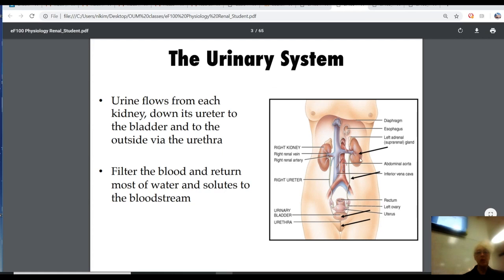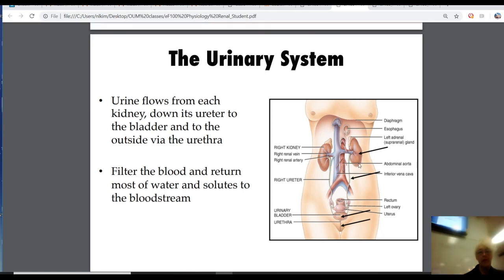Just as a review, our urinary system consists of 2 kidneys, 2 ureters, a bladder, and a urethra. Our blood is filtered through our kidneys. We have our 2 kidneys, our right and our left, and notice that the right kidney sits a little bit lower than the left kidney.